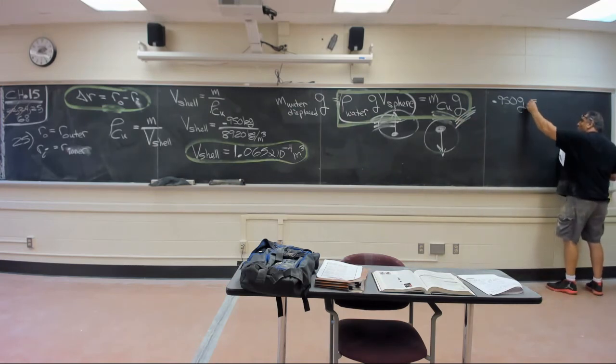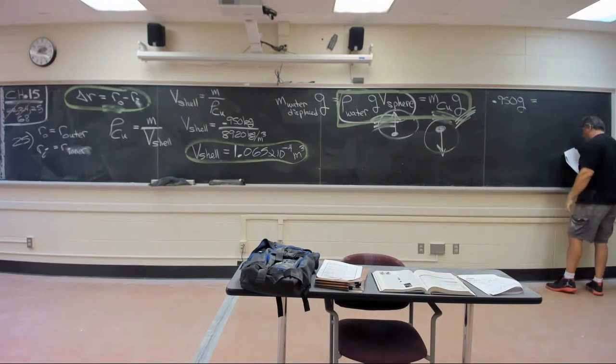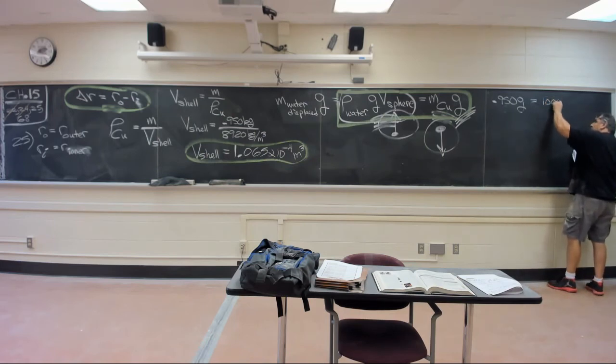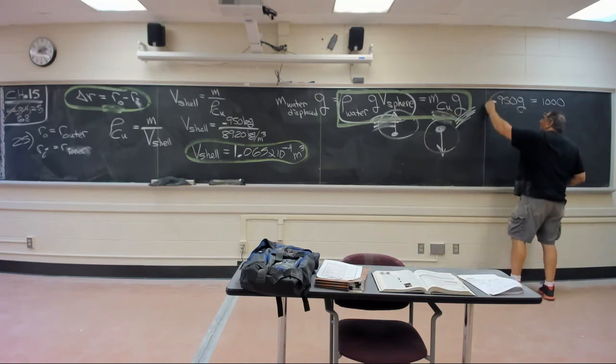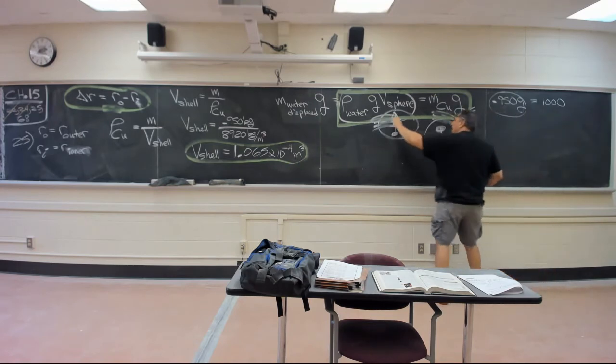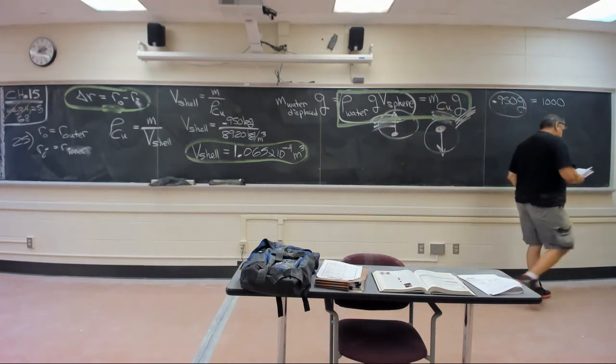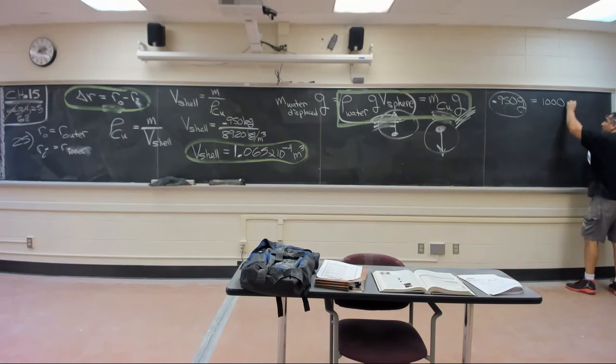The other one is rho of water. They didn't tell us what it was, so I guess we'll use 1,000 for rho of water.